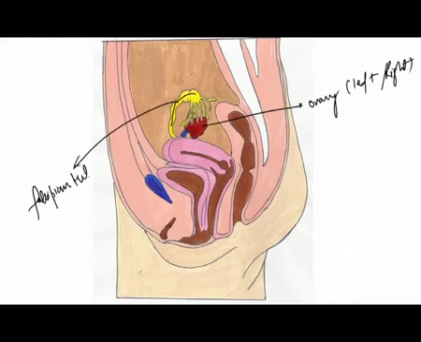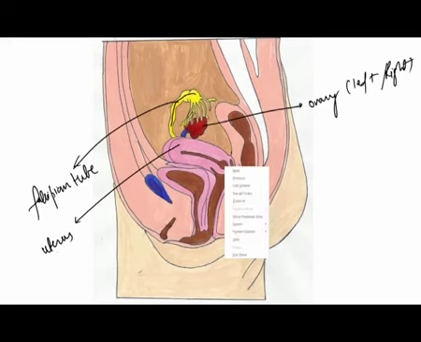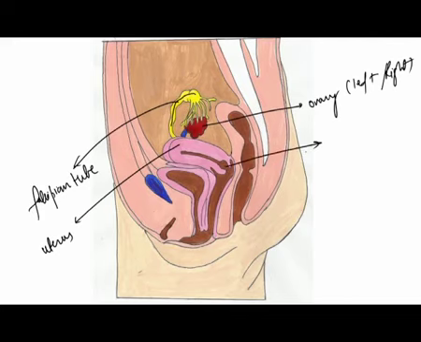We will see the details of the fallopian tube in our further discussions. This fallopian tube merges into this area called the uterus, and the final terminal part of the uterus, which has an opening, is called the cervix.